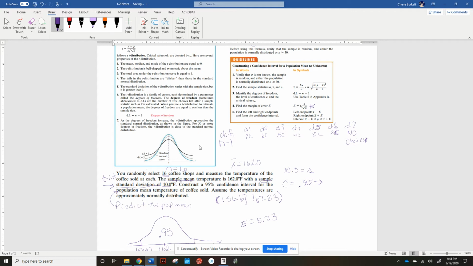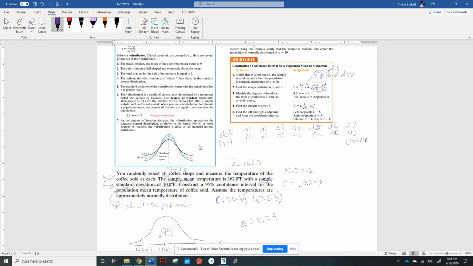And that comes into play right here in the calculation of the degrees of freedom, and the calculation of S. What is that? That is the sample standard deviation.